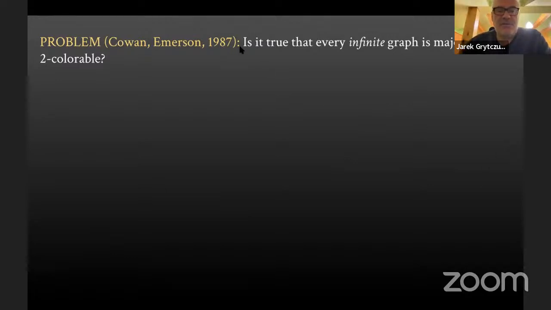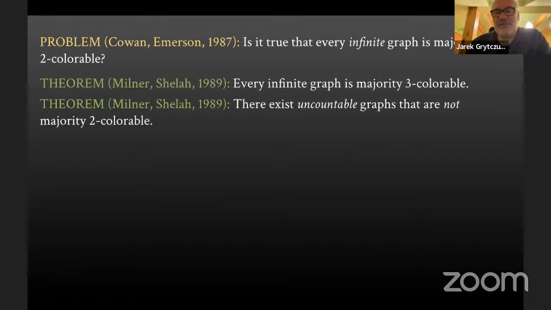So the question posed by these authors was whether it is true that we can go with just two colors for any infinite graph. So the definition is the same. When we have an infinite number of edges incident to a vertex, some bad, some good, the cardinality of good edges should be at least as big as the cardinality of bad edges. So the definition is still the same.